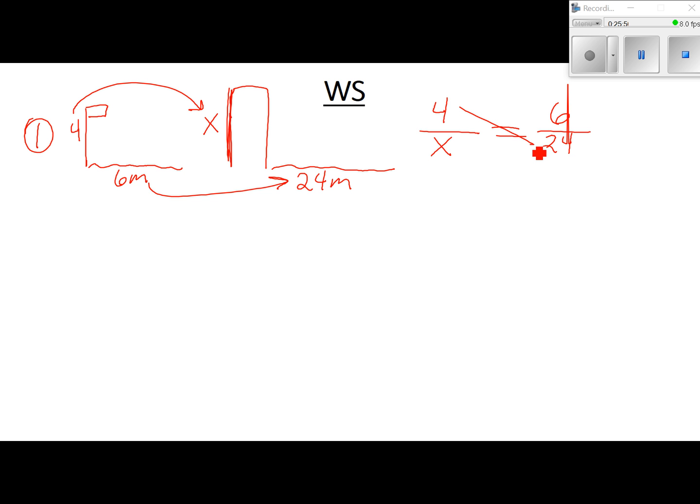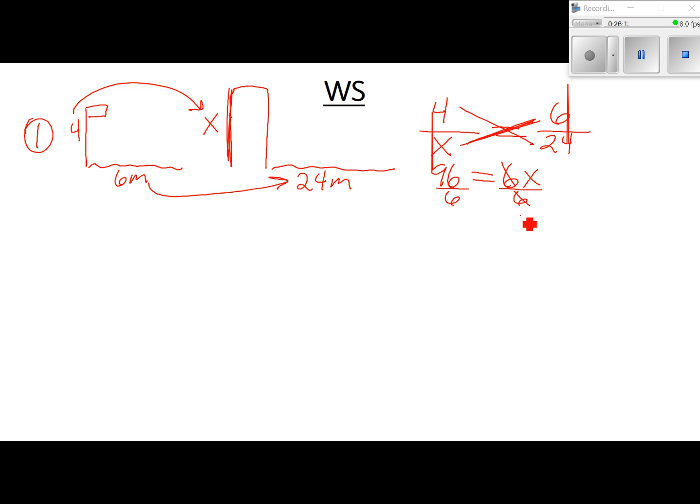We're going to cross multiply. Grab your calculator if you need to. 4 times 24 is 96. And if we cross multiply the other way, 6 times x is 6x. Then all we're going to do is solve, divide by 6.